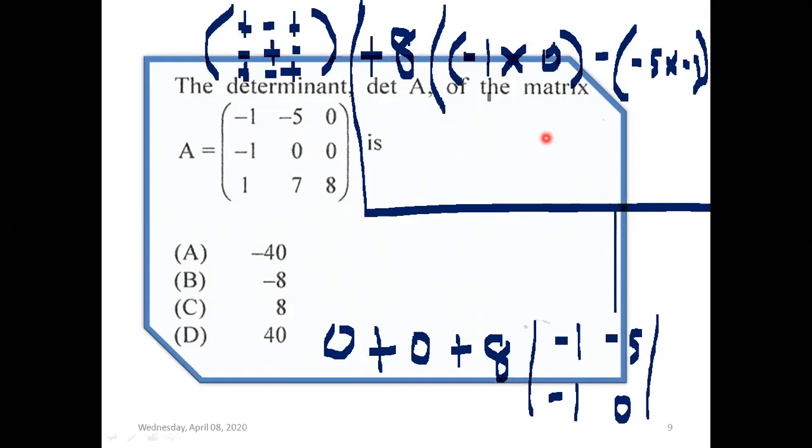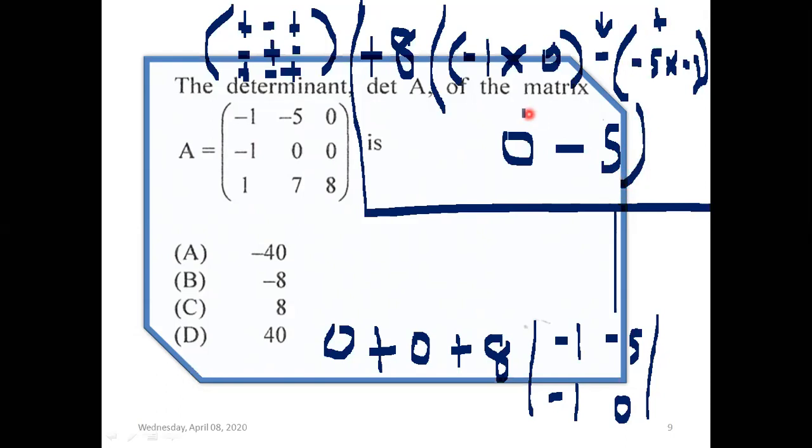Now, this will only give you 0. Now, these two negatives are going to give you a positive, but there is a negative outside. So a negative and a positive will give you a negative.